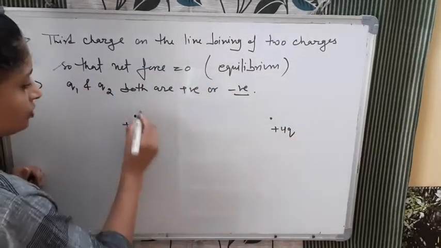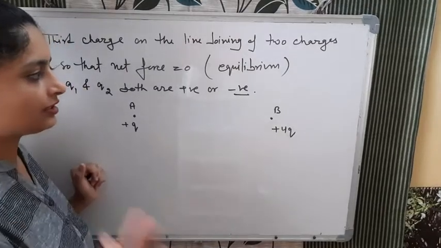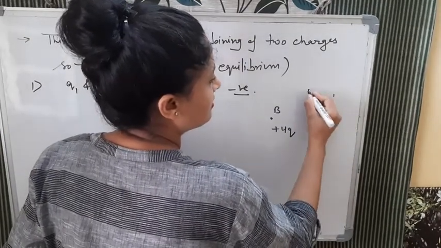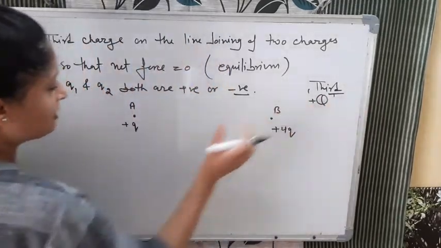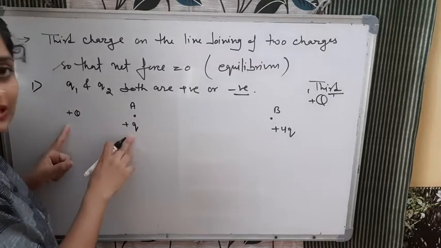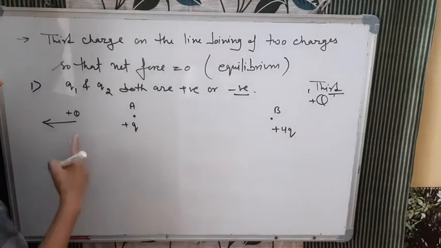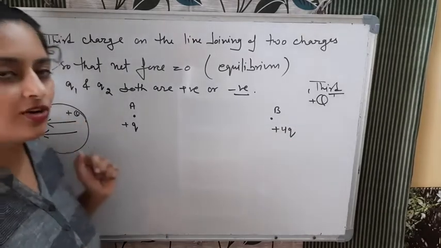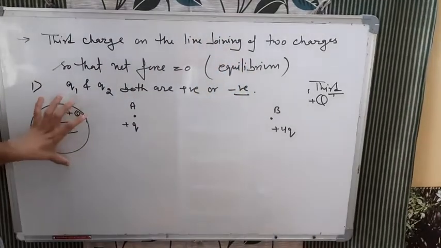Okay, there are two charges, points A and B. Now I need to put a third charge. Let's say plus q. If I put this plus q here, what will happen? Due to this, the force will be in which direction? It will repel. Due to this plus 4q also it will repel. So the forces are in the same direction, they will not cancel. So there is no chance that the force will come 0 here.